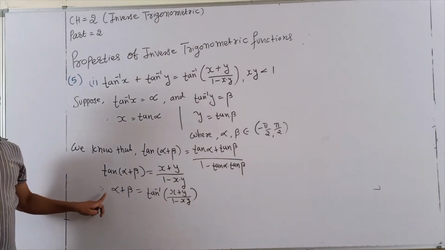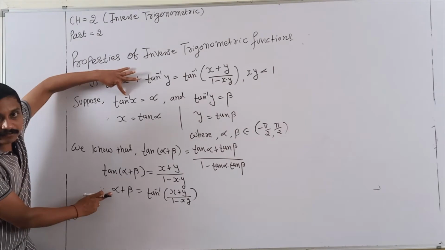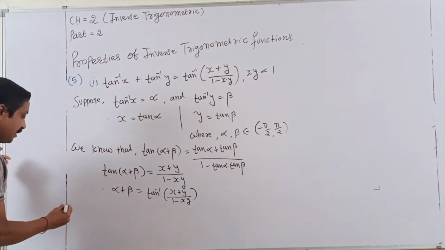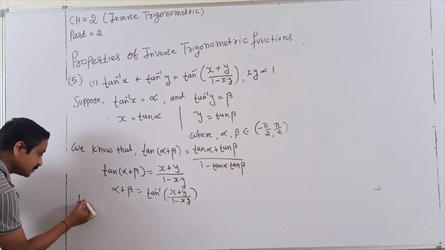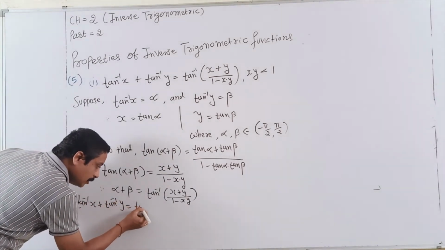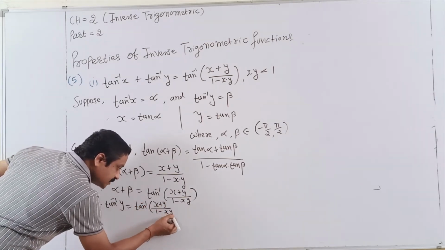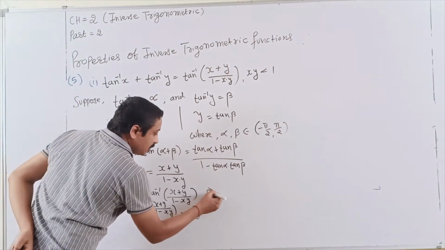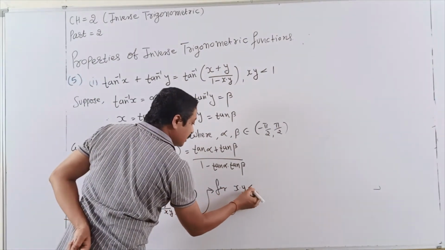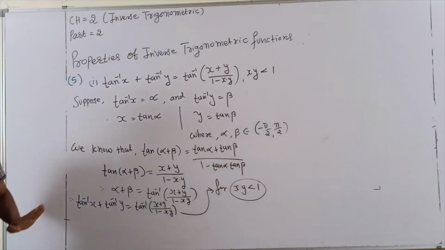Putting the alpha and beta values, alpha we already assumed is tan inverse x, and beta is tan inverse y. So tan inverse x plus tan inverse y is equal to tan inverse of x plus y upon 1 minus xy, but this property is valid only under the condition xy less than 1.